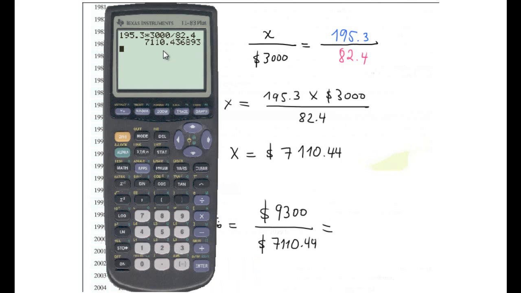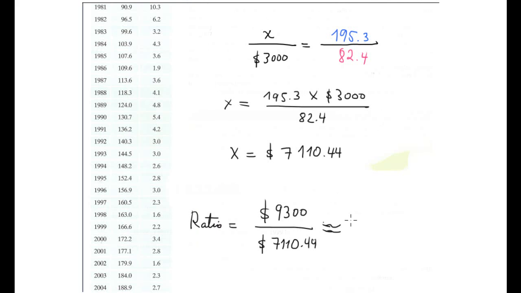It's 9300 divided by the last number we have in the answer here. It's approximately 1.3. That represents an increase of 30% in the tuition of the college.